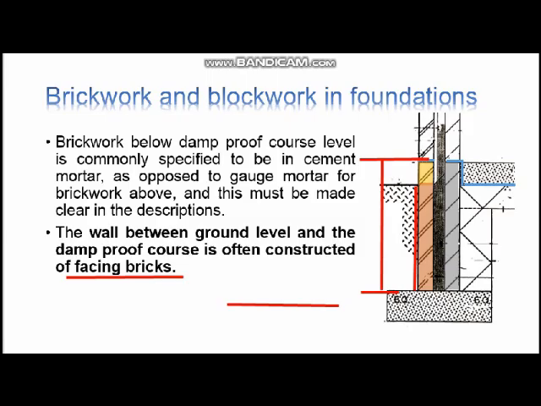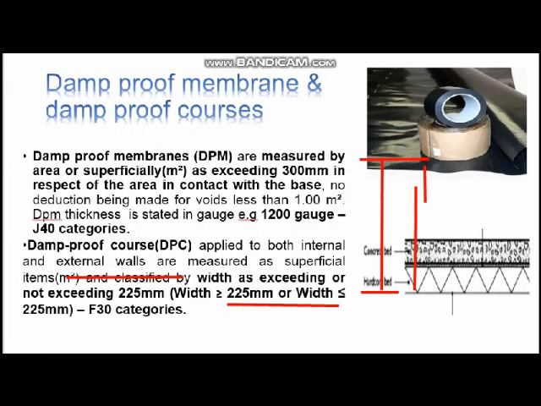In standard, normally they time 3 times the thickness of passing brick, which follows the standard measurement of facing brick or the common brick. The thickness of brick normally is 75, so all you do is just time with 75. Then you time with the center line of the brick again.